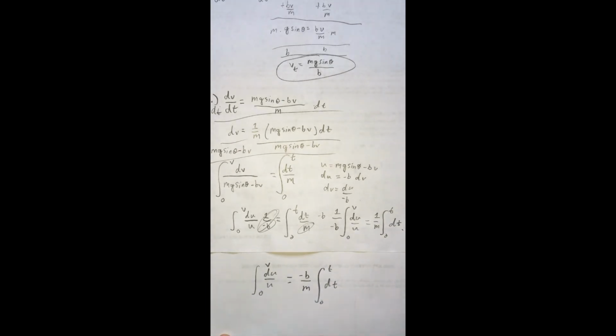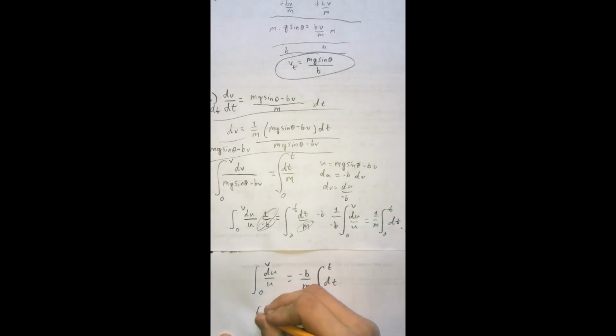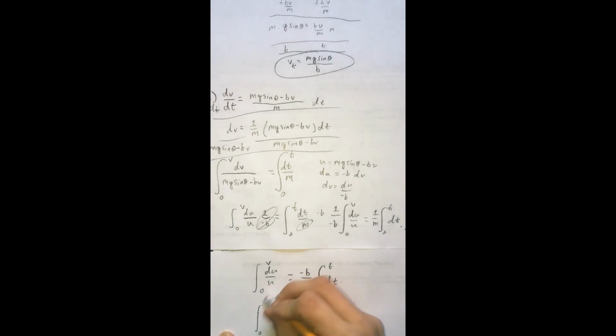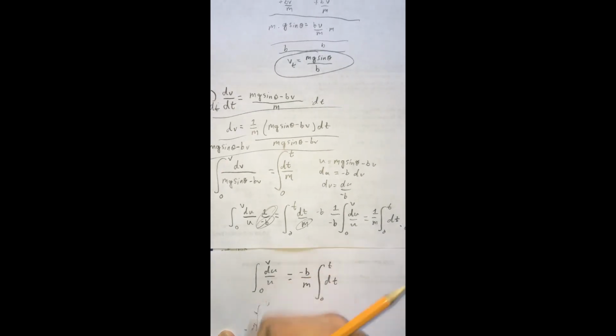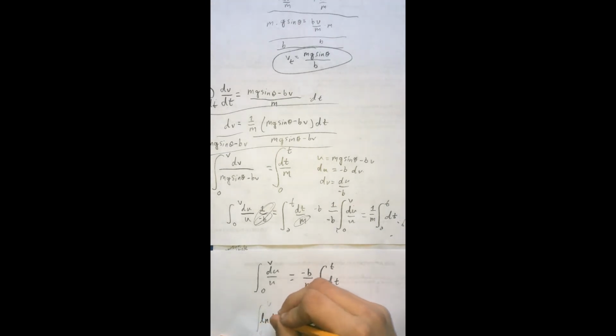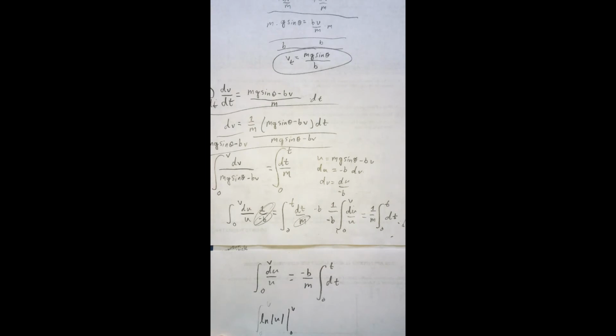Now, we know that the integral of dx over x is going to be ln x. We know that the integral from 0 to v of du over u is going to be ln u from 0 to v, which is going to be equal to negative b.